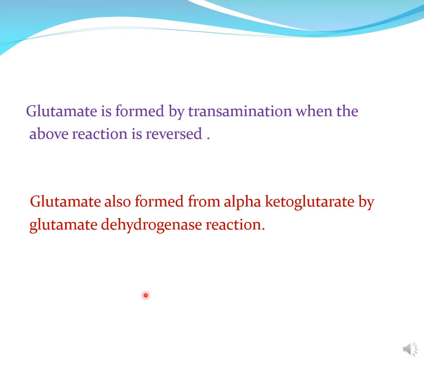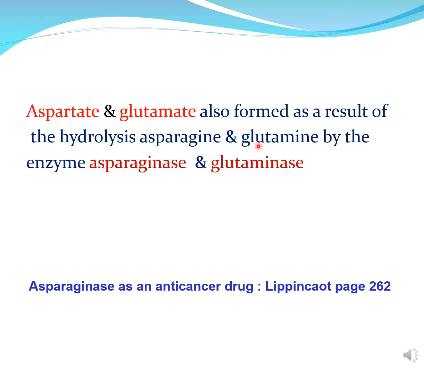The last way is that glutamate can be synthesized by the action of glutaminase on glutamine to remove the other amino group from glutamine. Aspartate and glutamate, as we said before, can be synthesized by the action of asparaginase and glutaminase on asparagine and glutamine, especially in the liver.